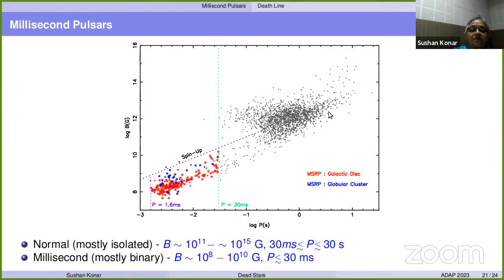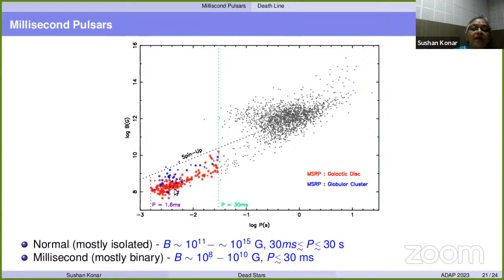All right, here is a picture. This is my spin-up line. The parameters were not correct, so you see two of them sticking above the spin-up line, which is not correct. And you will see that even among the millisecond pulsars, there are various subclasses.